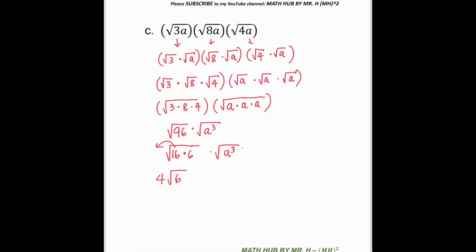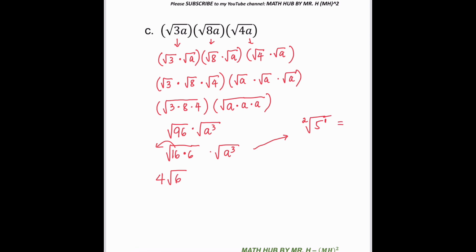square root of a cubed, let me recall one property of exponent here. If I give you this example, square root of 5. Square root of 5 is square root of 5. It's already simplified. But if you are asked to rewrite this into exponential form, basically we're looking at an index of 2 here, and the power of the radicand is actually 1.